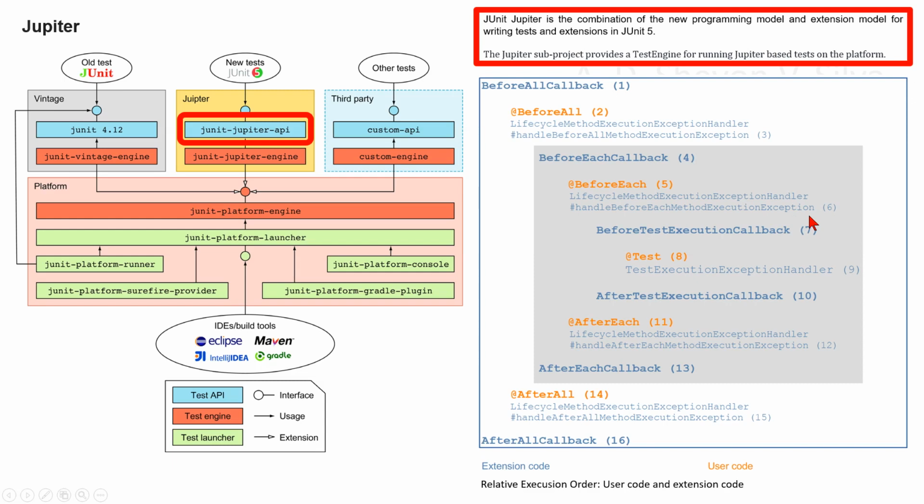Extension code for handling exceptions thrown from @BeforeEach methods. Step 7, interface org.junit.jupiter.api.extension.BeforeTestExecutionCallback. Extension code executed immediately before a test is executed.